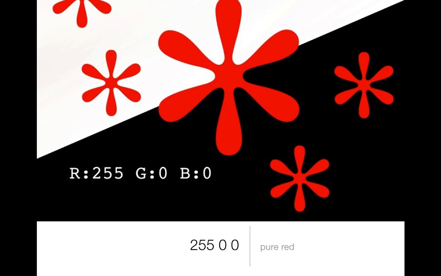So here, in this shade of red, the red is turned up fully. 255 is full red. The green isn't there at all, and the blue isn't there at all. So we know that only red is at work here. And because it's 255, we know it's cranked up to the max. So this is pure red.